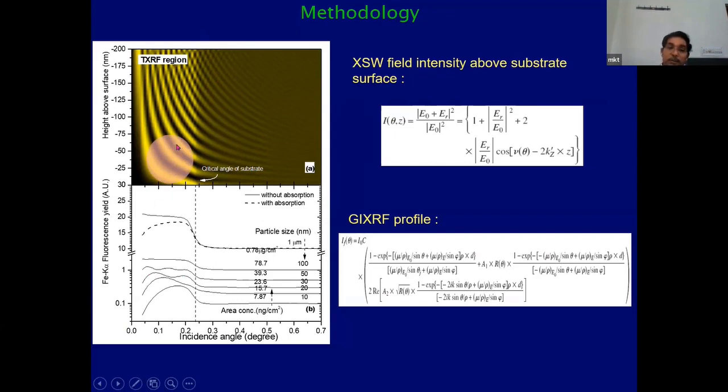If it occupies 3 standing wave fields, you see 3 oscillations. For example, 50 nanometers. If you slightly increase the size, it changes. If it occupies only 2 standing wave fields, you have 2 oscillations. This is rigorous mathematics I'm not going to describe. This is already done, and we have already published this.